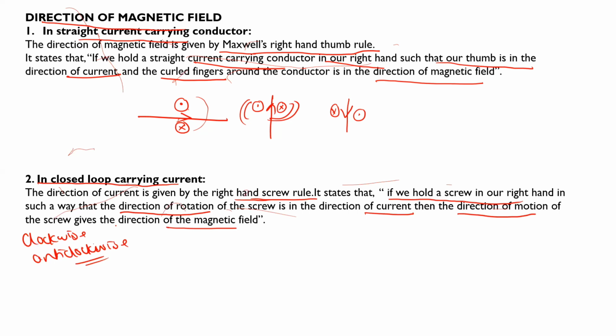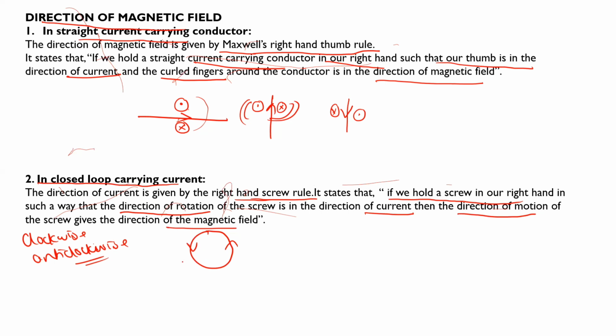To open the cork of the bottle, you always move the cork in the anti-clockwise direction. The cork is opening, which means the anti-clockwise movement of the cork is the direction of current. And the cork opening, that is the motion of the screw, is outward because your cork opens, right?